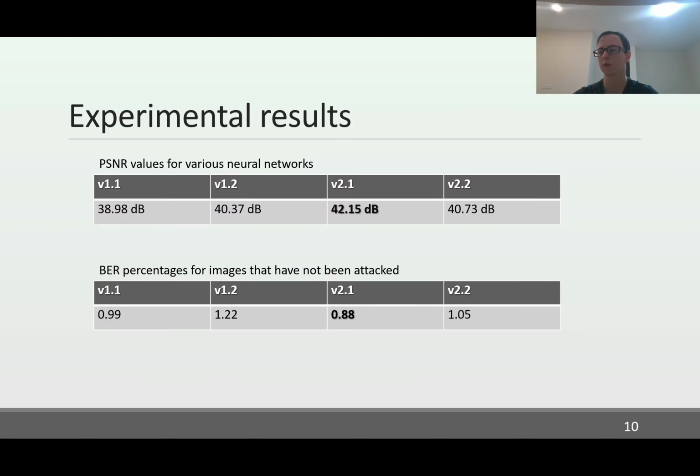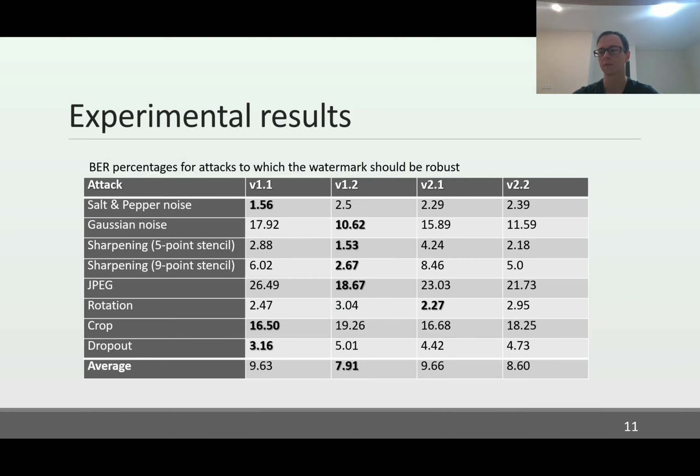In the experimental study, the version 2.1 network showed the best results in terms of image quality and watermark extraction with no distortions. The version 1.2 of the network has the best average attack resistance.